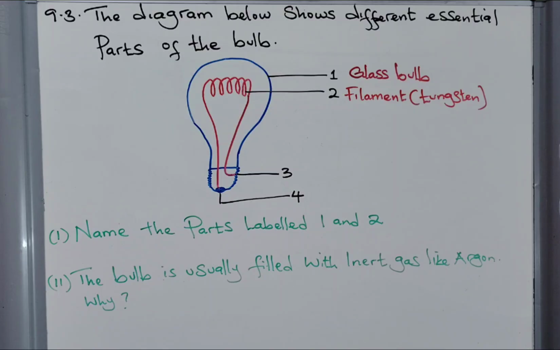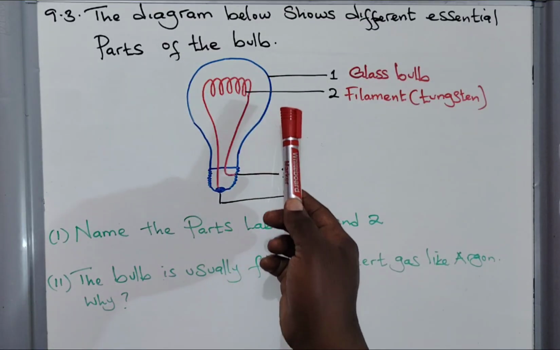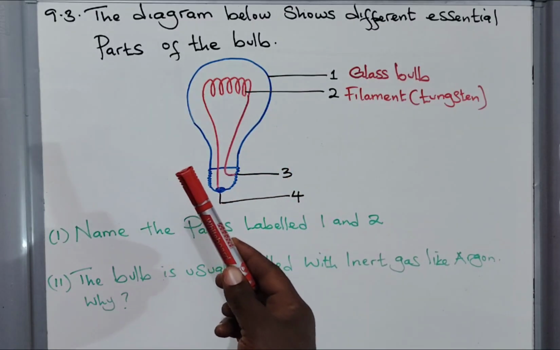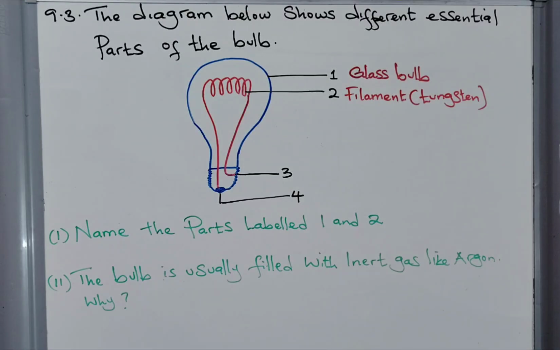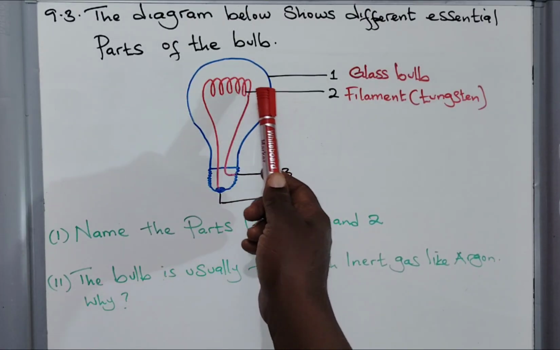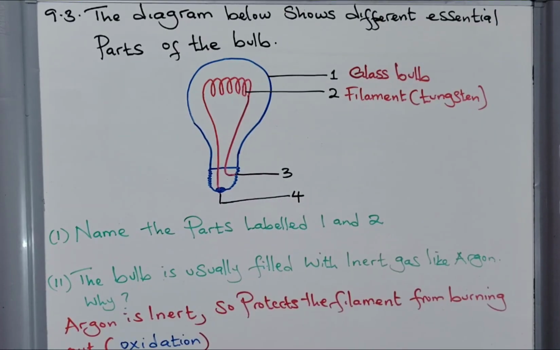The reason is that argon is inert, so it protects the filament from burning out. Because when the inert gas is there, there's less oxygen, which is going to burn the filament. That is that.